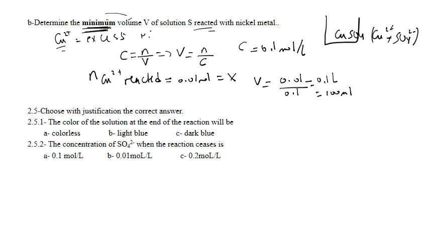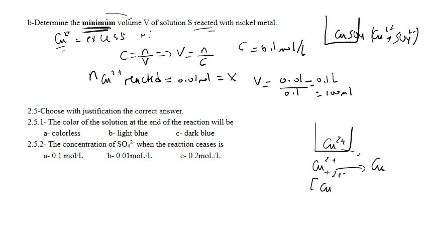With respect to 2.5, we have to choose the correct answer. The color of the solution at the end of the reaction will be colorless, light blue or dark blue. The solution is blue in color due to the presence of copper ions. Copper ion has a blue color, but during the reaction, Cu2+ becomes Cu by gaining 2 electrons.